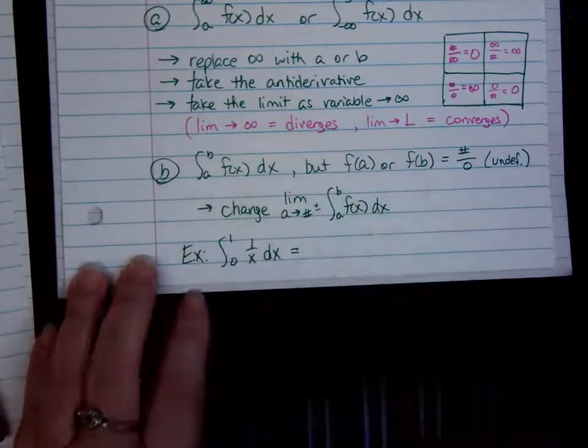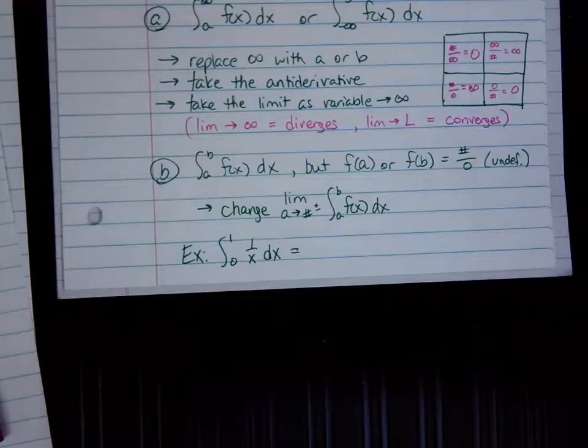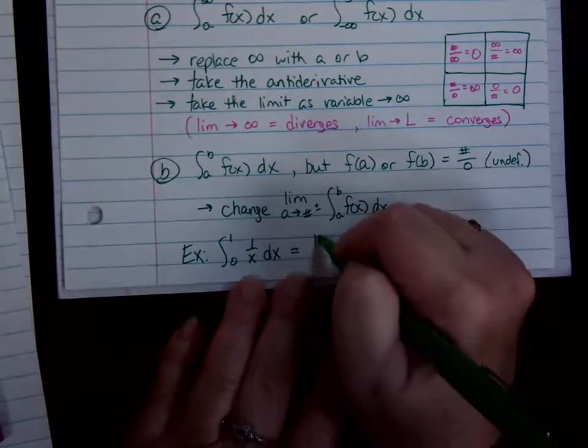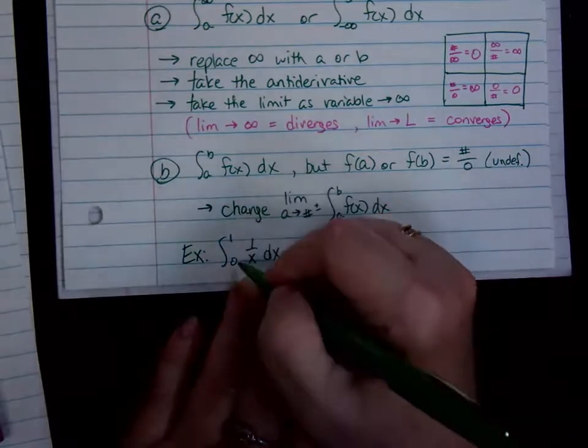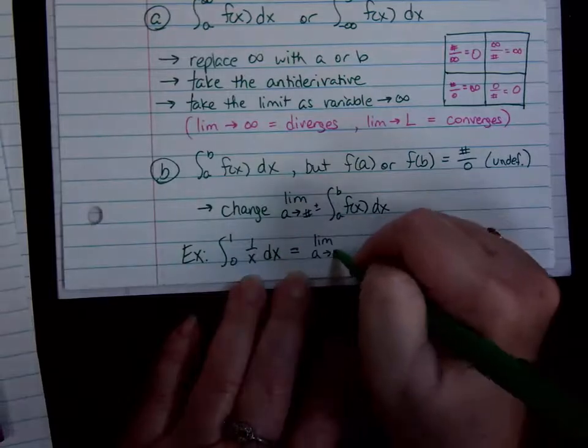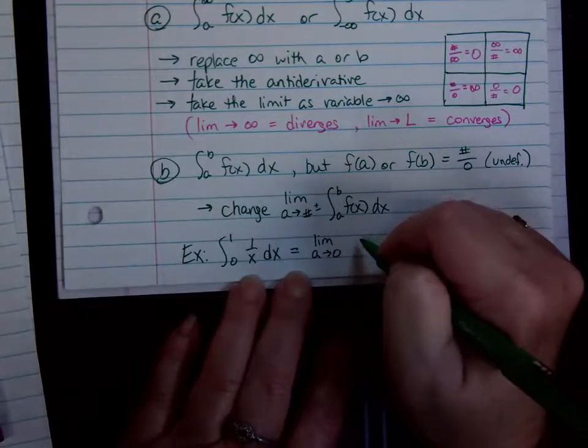Okay. The example is going to be the integral from 0 to 1. Which of those two values, if I plug it in, is a problem? 0 or 1? 0 is. So this will become the limit as a, because it's the 0, approaches 0. And I will figure out the sign in the middle, leave a little room.